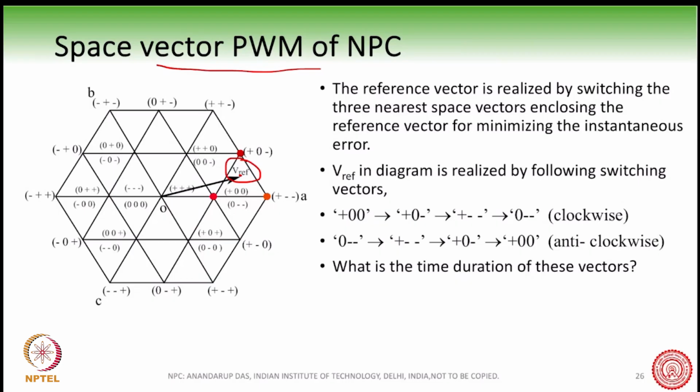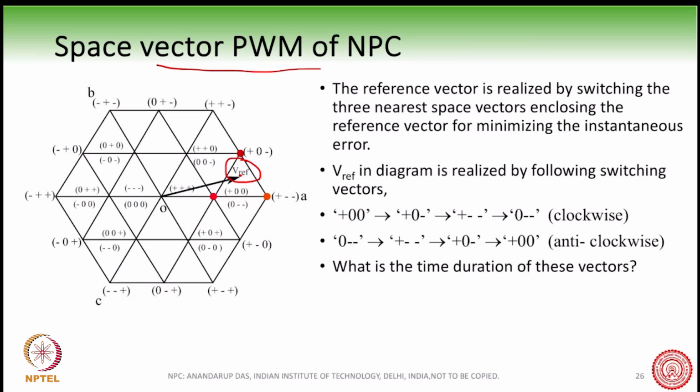We will exactly position this voltage output so that adequate active or reactive power is exchanged with the grid. And so this VREF is basically corresponding to the fundamental output voltage from the NPC.